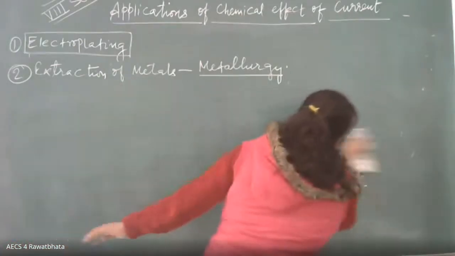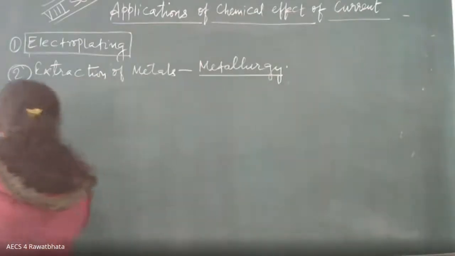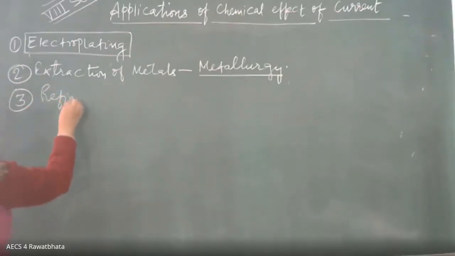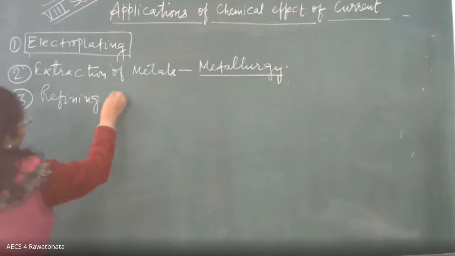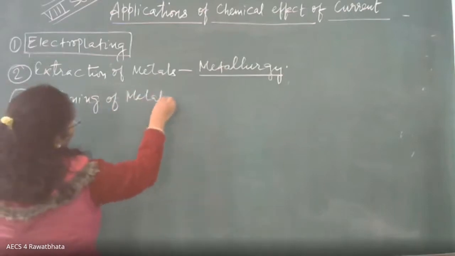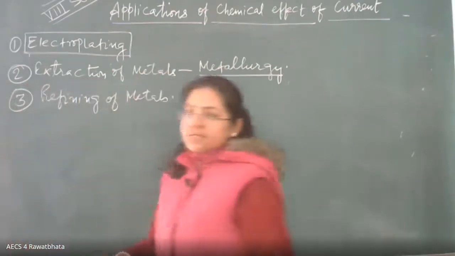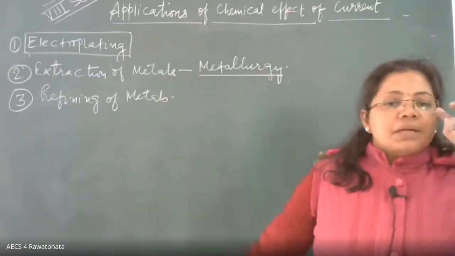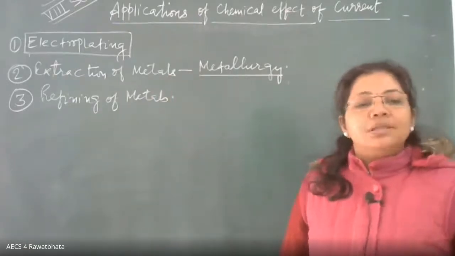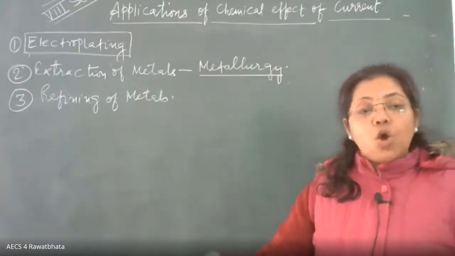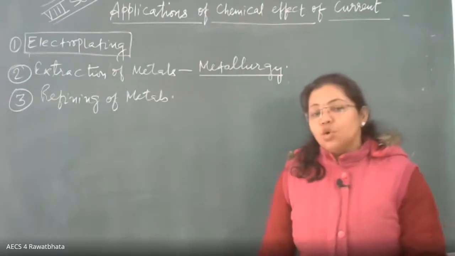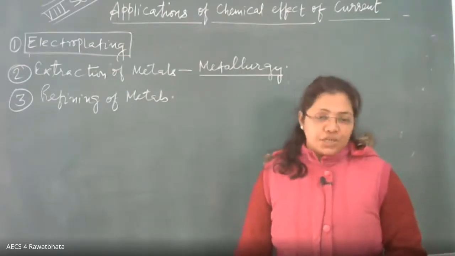so that was about extraction. Third one is refining of metals. Yes, again it is related with the extraction only. Certain metals like sodium, aluminum and all that, these metals we directly obtain by doing electrolysis. So for them we don't require any purification.